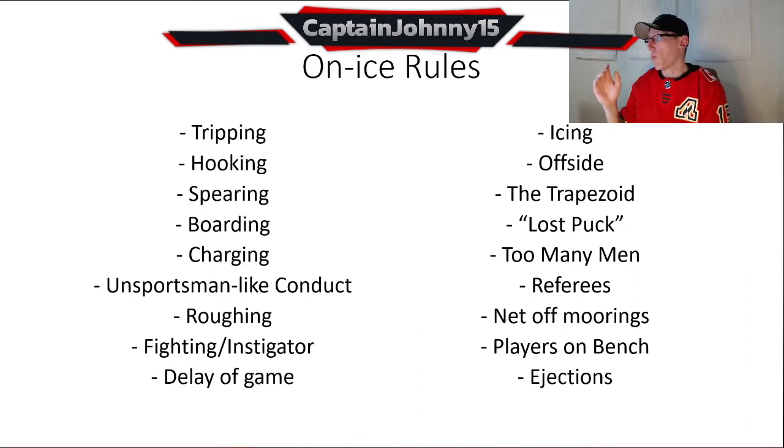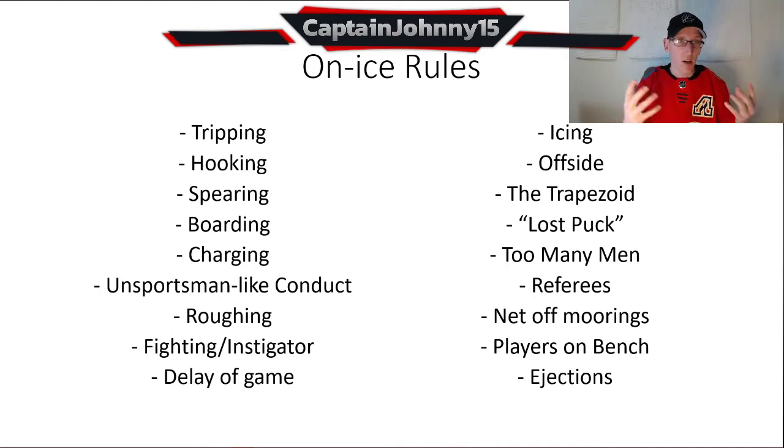So we'll basically go down. I will denote which of these are penalties and how long of a penalty they generally are. Bearing in mind that if any one of these penalties is considered egregious enough, they'll count for 2, not 1. It's called a double minor.